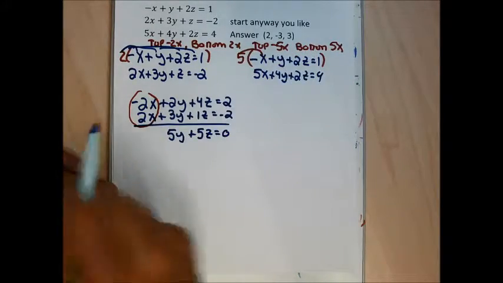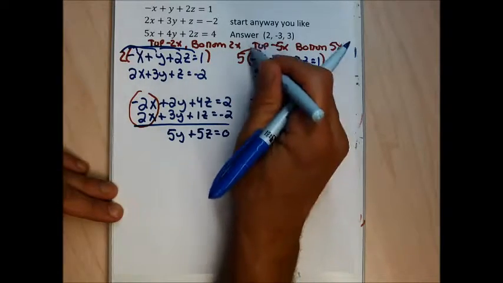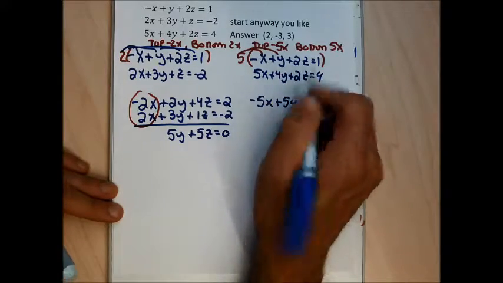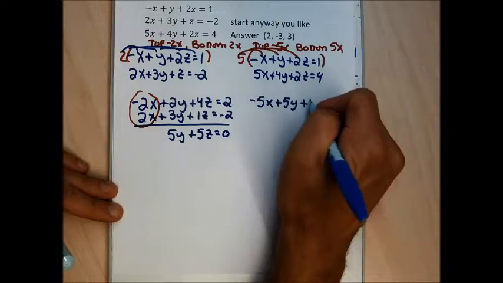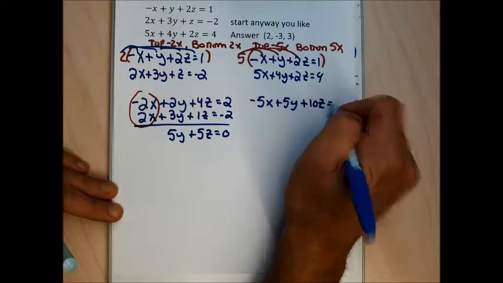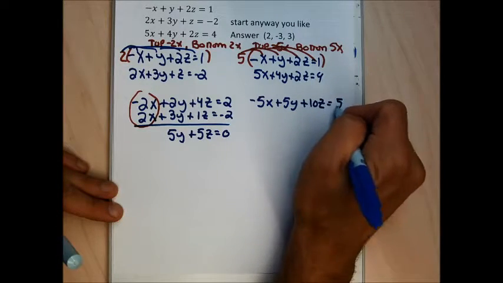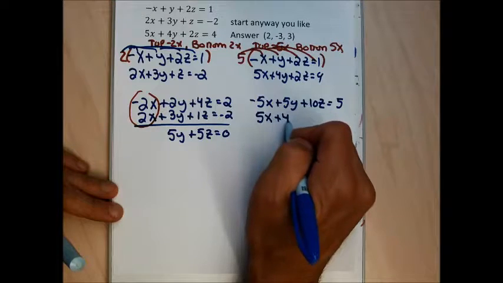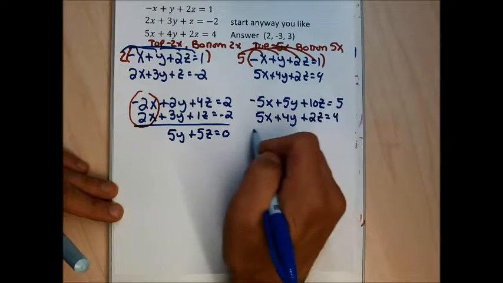I'm going to go 5 times negative x is negative 5x. 5 times positive y is positive 5y. 5 times 2z is plus 10z. And then 5 times 1 gives me a 5. I'm going to leave the bottom equation, positive 5x plus 4y plus 2z equals 4.